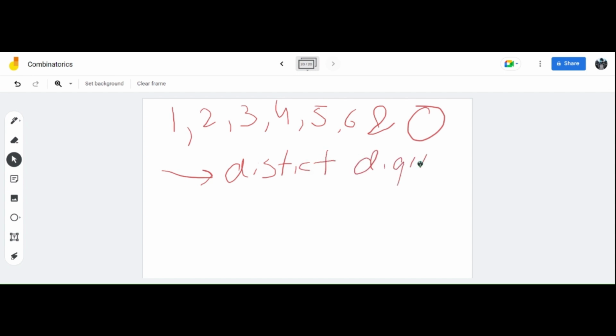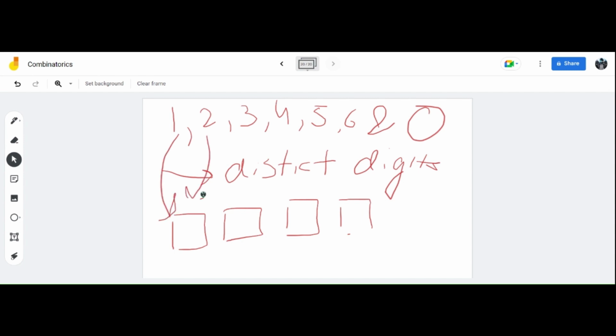So, what will be the answer? This is a filling up places question. There are 4 places for the 4 digits, right? On the first place, any of these can come: 1, 2, 3, 4, 5, 6. Not 0. Why not 0? Because if 0 comes on the first place, it will be a 3 digit number only.